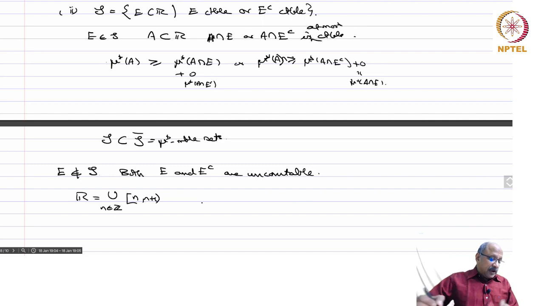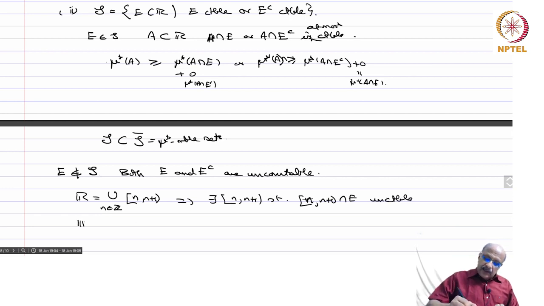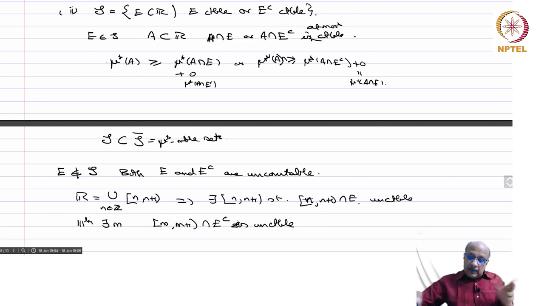So there exists N such that the intersection of N to N plus 1 with E is uncountable. Similarly, there exists an M such that the M to M plus 1 intersection with E complement is uncountable. Because if all these intersections were countable, then E would become countable or E complement would become countable.